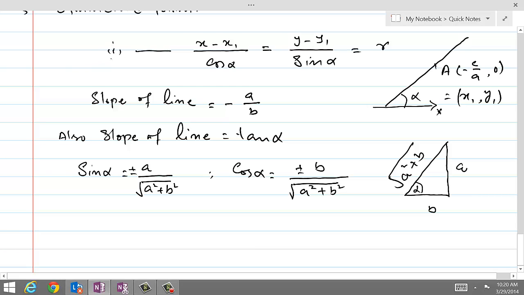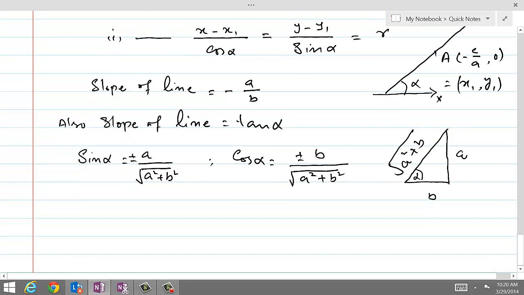For reference equation 1, we can substitute these values. This implies x minus, what is x1? x1 is minus c over a, so this will become plus c over a divided by cos alpha.